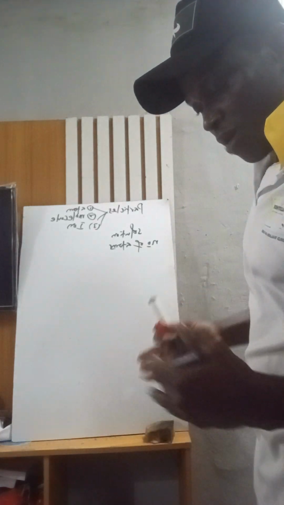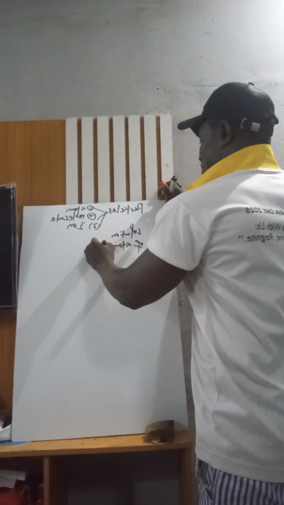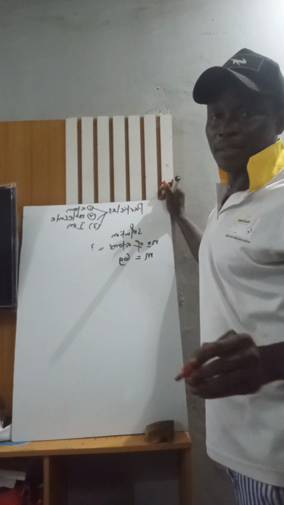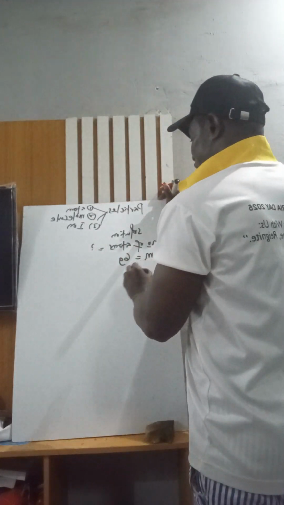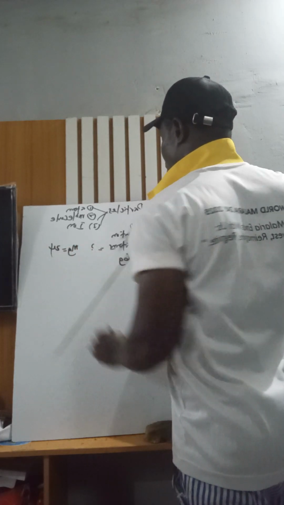If I'm looking for number of atoms, then they gave us mass. The mass is 6 grams, and the element given in the question is magnesium. I know that magnesium atomic mass is 24. Very simple.